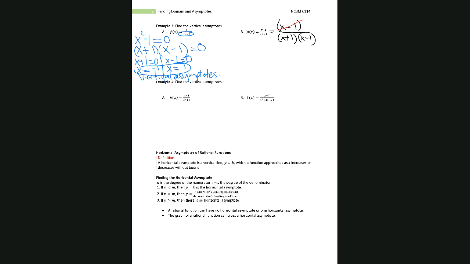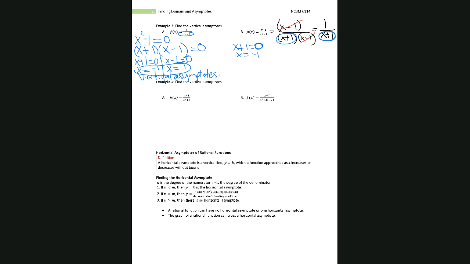Now this function happens to be, we have to put something on top, so that will be a 1 over x plus 1. So this is what happens. The only vertical asymptote will come from the factor that was not canceled. We equal it to 0 and we solve for x, so x equals -1.